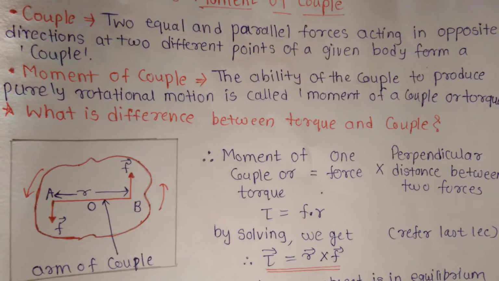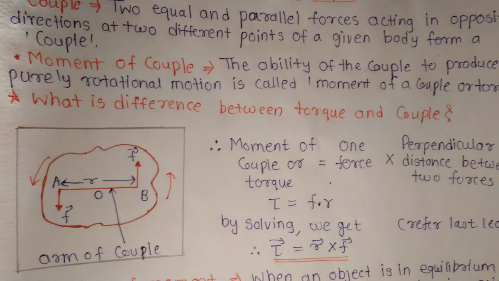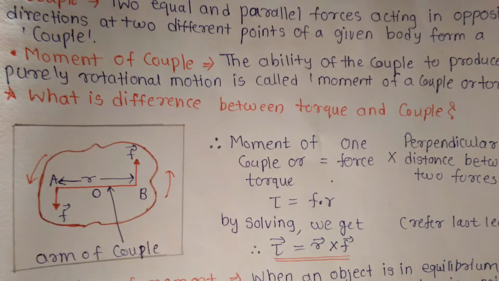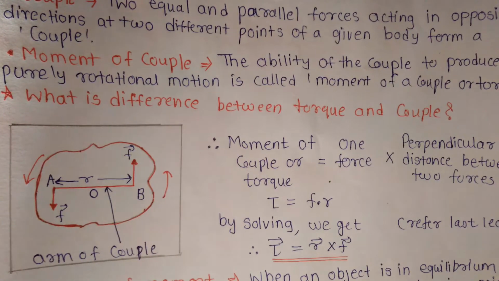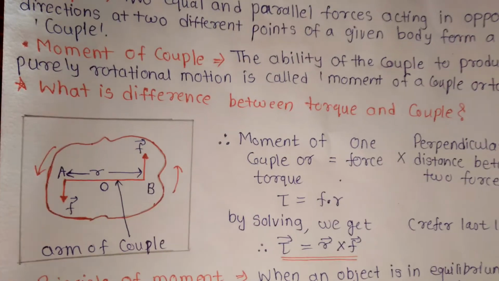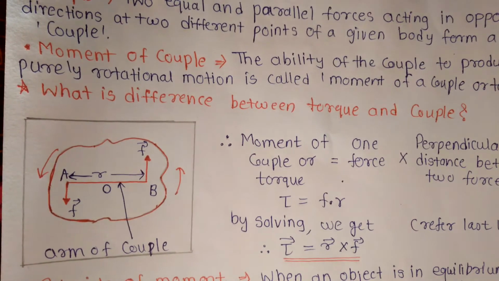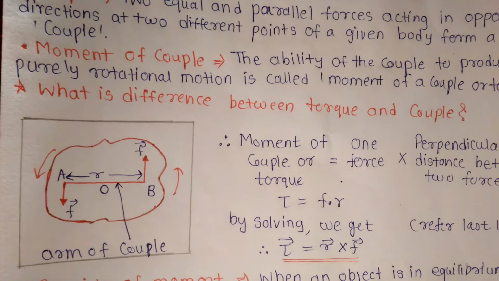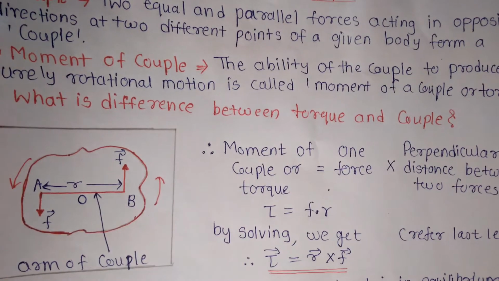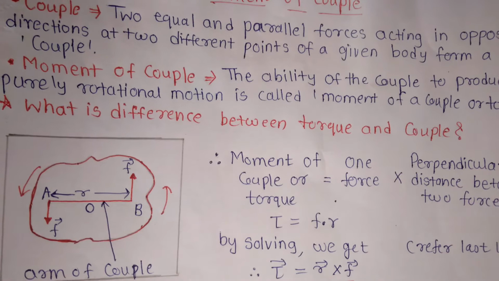Initially, as I said, I shared some questions, and one of them is: what is the difference between torque and couple? A couple is formed when two equal but opposite forces cause a body to rotate, and torque is the turning effect of the body caused by the couple.